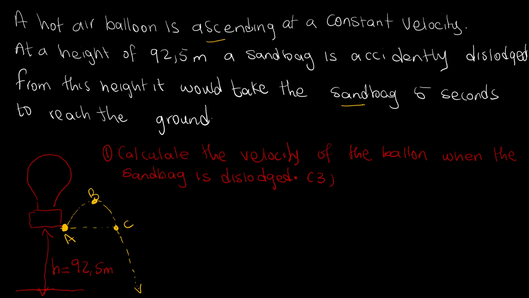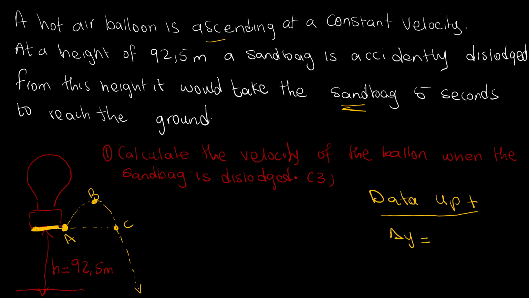Please remember that whatever velocity the balloon is moving with is the velocity of the sandbag when it is dropped. So let's do data. On my data, I'm going to take up as positive. First thing first, if we take up as positive, what is delta y equal to?